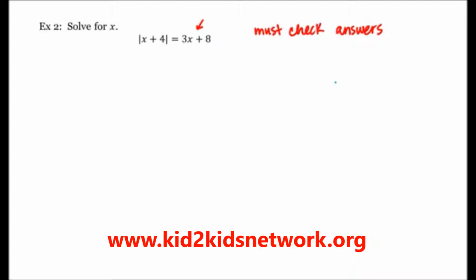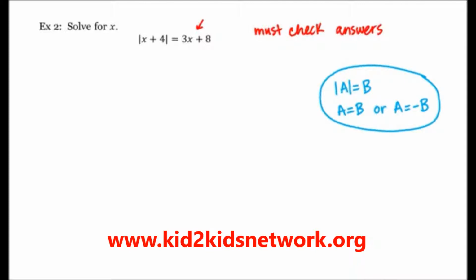We're still going to use the fact that if the absolute value of A is equal to B, then either A is equal to B or A is equal to negative B, but we're just going to have to check our answers at the end.